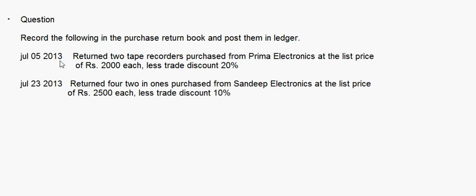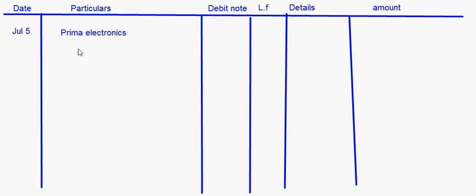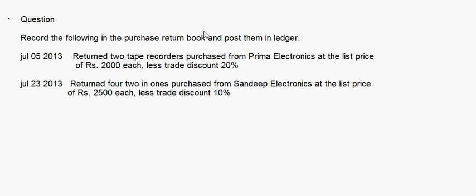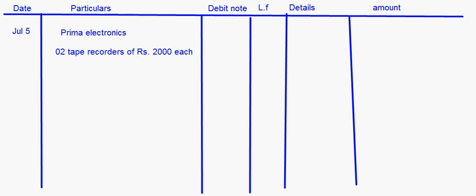and what were returned to them? Two tape recorders of rupees 2000 each, right? So here you will have, of rupees 2000 each, that comes to, two tape recorders at 2000 each, so that comes to 4000 rupees, right?